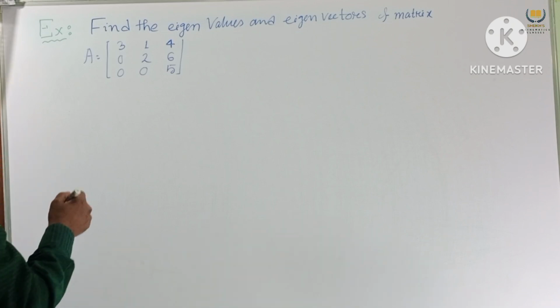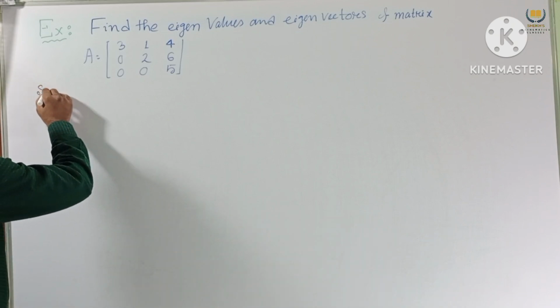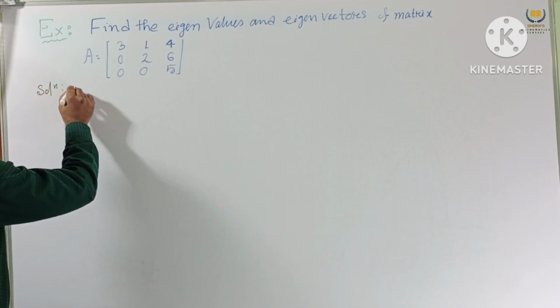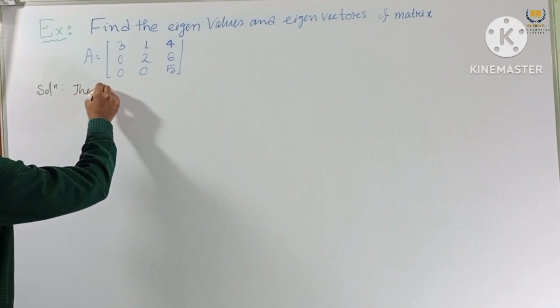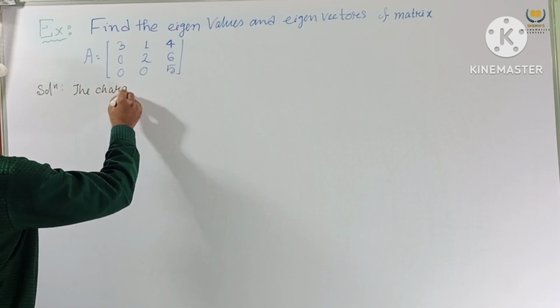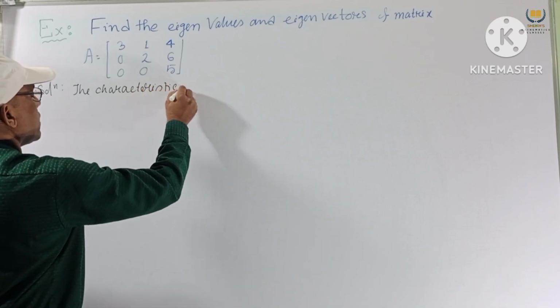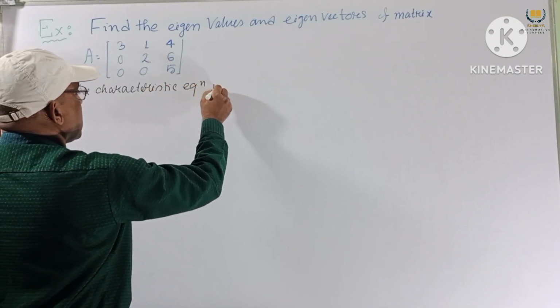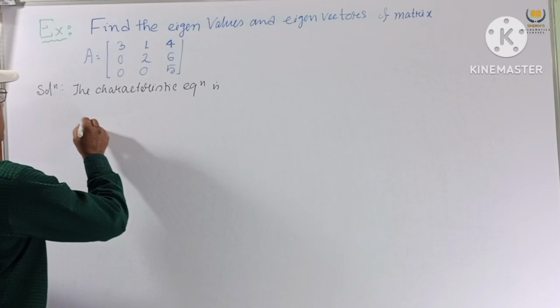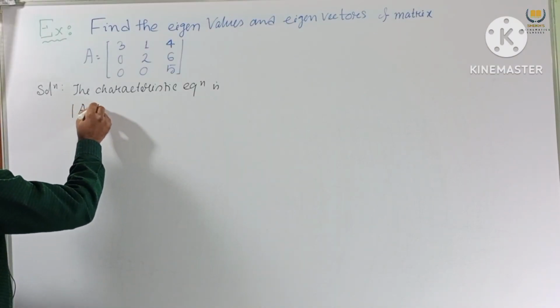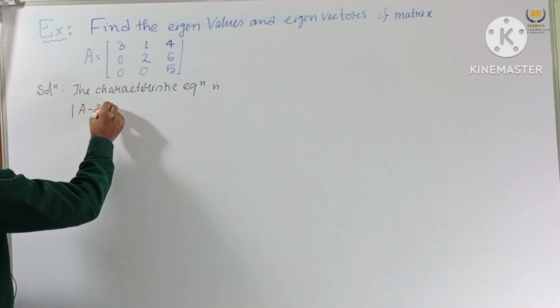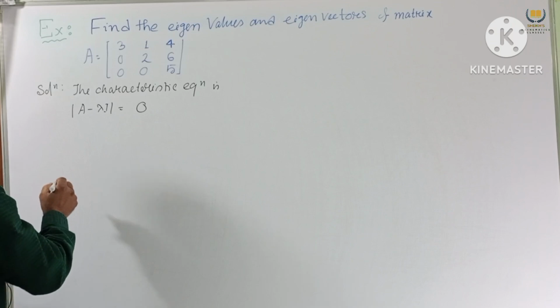Now the solution. First we have to find the characteristic equation. The characteristic equation is determinant of A minus lambda I equal to 0.